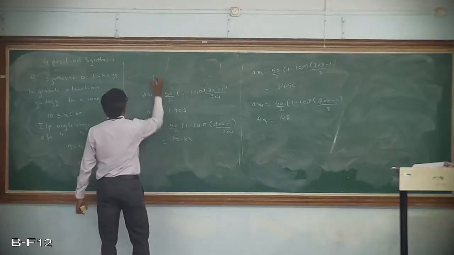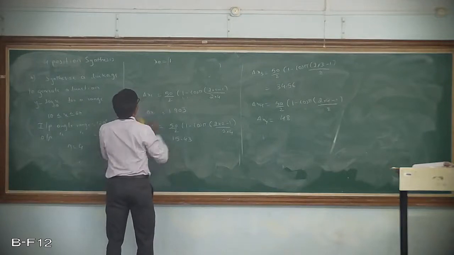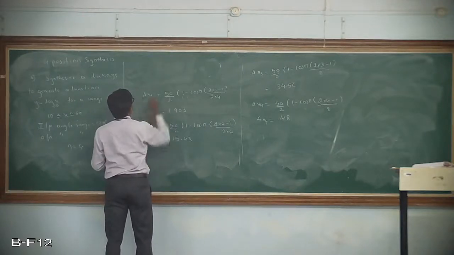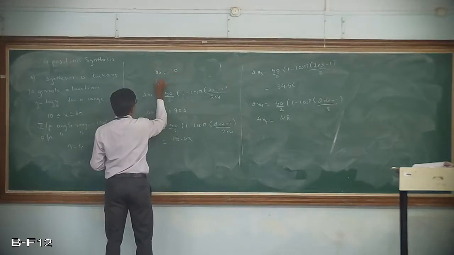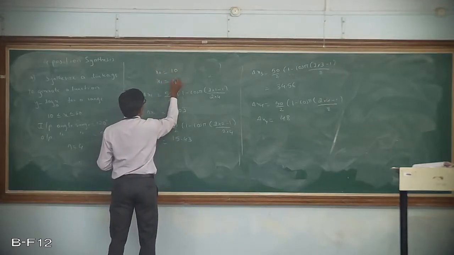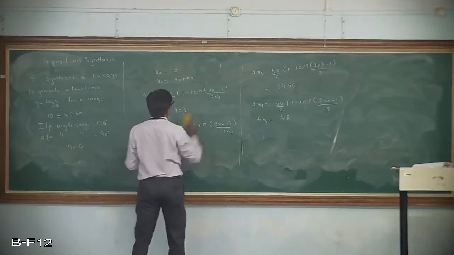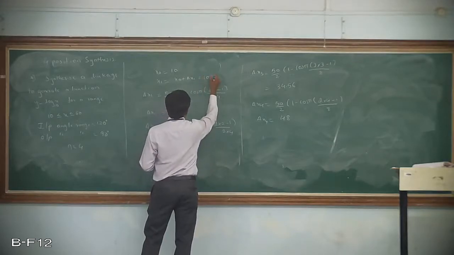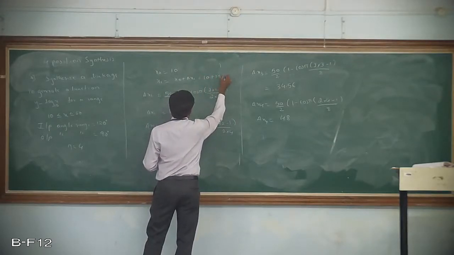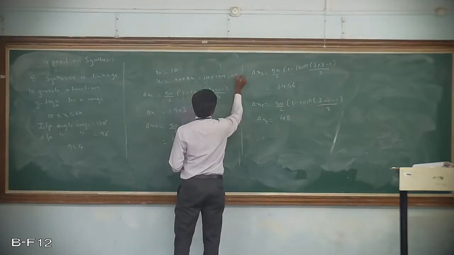So x naught is given as 10. x1 we need to find out, x naught plus delta x1, the incremental change, which will be 10 plus 1.903, which will be 11.903.